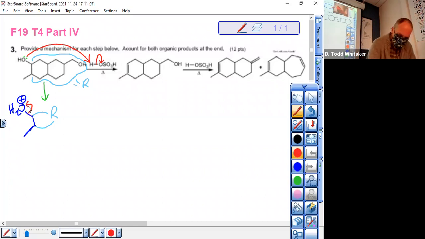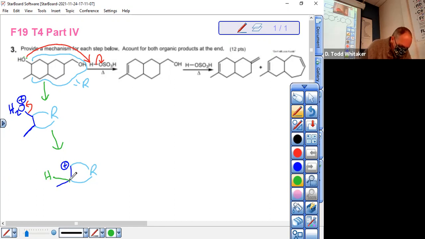Water leaves, and you're almost there. You've got a cation at the top here. You've got your R and your R. And you got to know that this is the only H that matters right now. There's no H on this carbon up here.